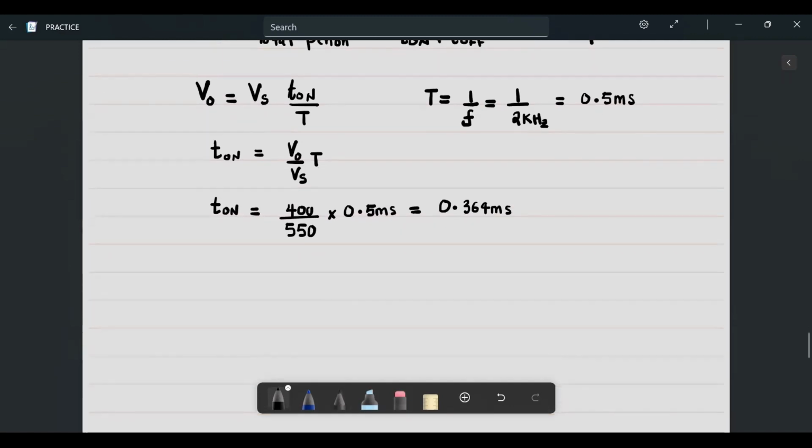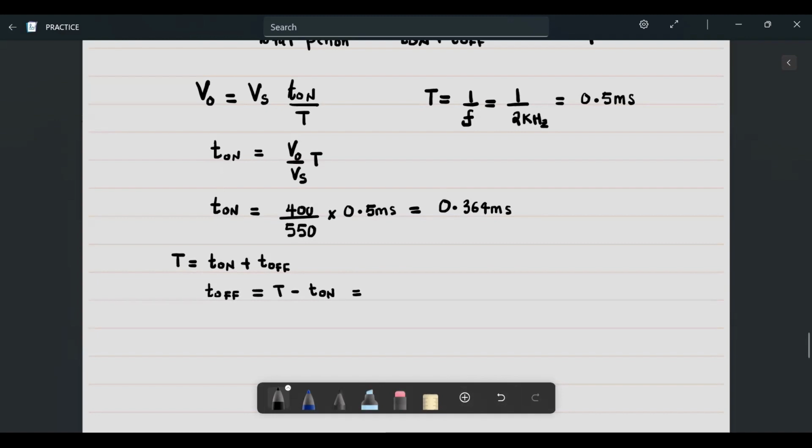Okay, and then you know that the time period is simply the sum of the on period plus the off period, isn't it? That's the time period, right? So you can find the T off at this point also. T off will be equal to the total time period T minus T on.